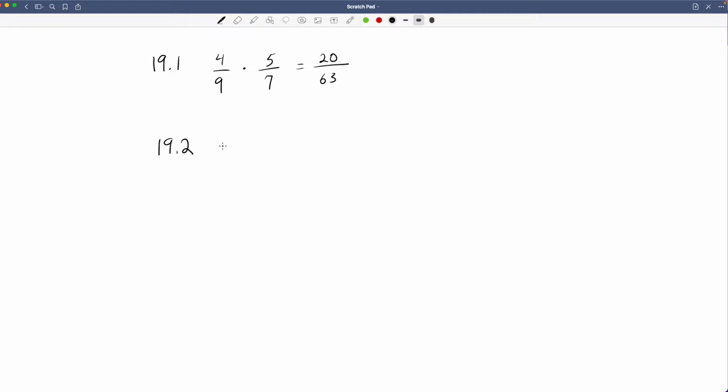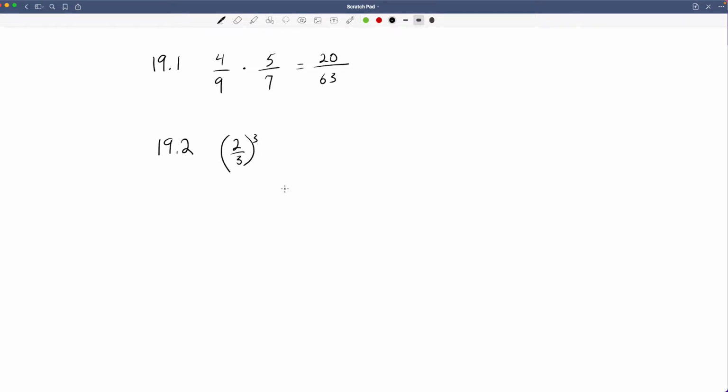So let's go to 19.2 and see how that looks. In 19.2, we're asked to simplify 2/3 to the third power. So we know when we see an exponent that it is simply asking us to multiply this number 3 times. Whenever you have an exponent on the outside of the parentheses, it means to multiply everything within the parentheses that many times.